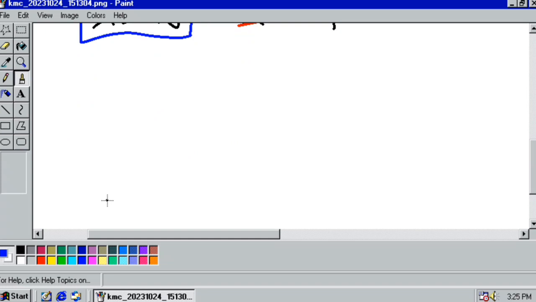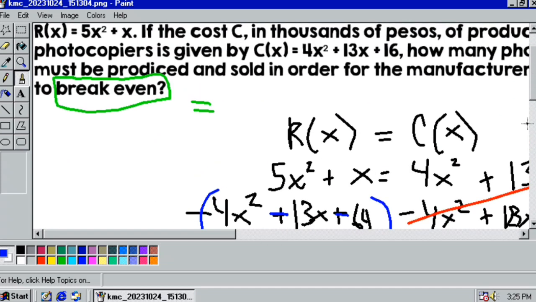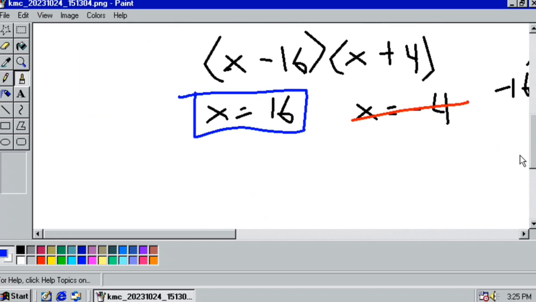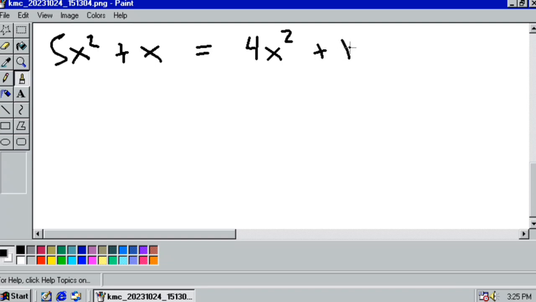So let's do the checking if our math is correct. So let's plug in what we have earlier. So we have 5x squared plus x is equal to 4x squared plus 13x plus 64.